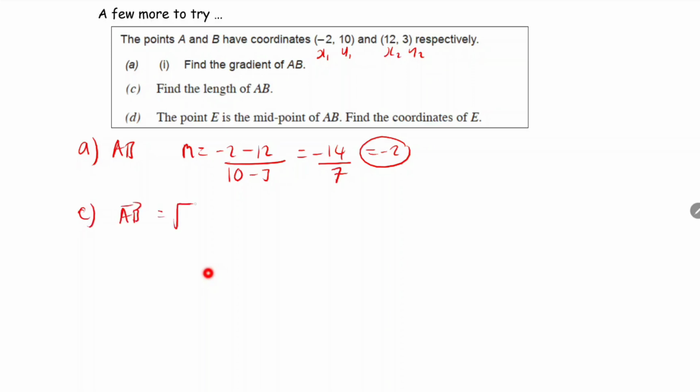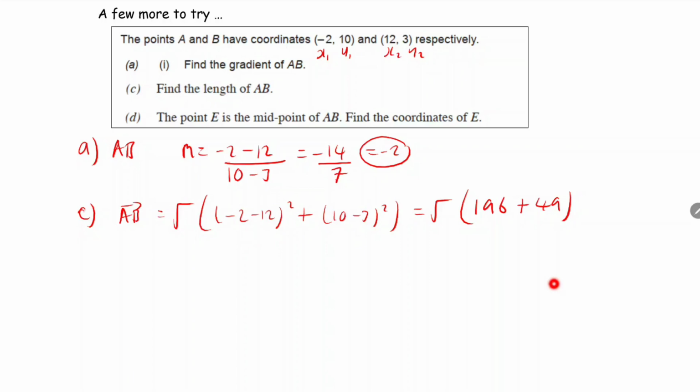A to B would be equal to the root of minus 2 minus 12 squared plus 10 minus 3 squared, which gives the root of minus 14 squared, which is 196, plus 7 squared, which is 49, which gives us the root of 245, which simplifies to 7 root 5.